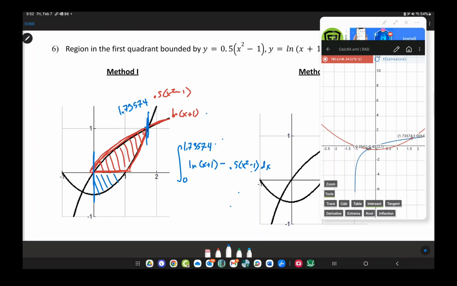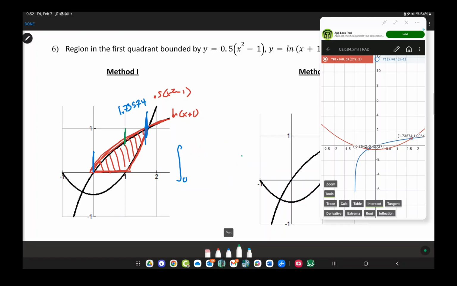So would you do from 0 to 1 of just ln, and then do from 1 to 1.7 of the ln minus? Absolutely. She's got it. So instead, what I'm going to do is break this into two parts.